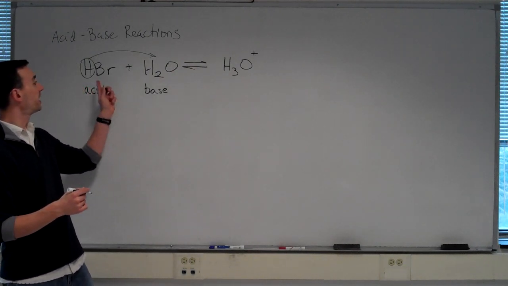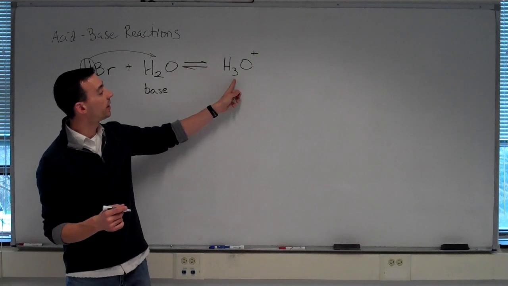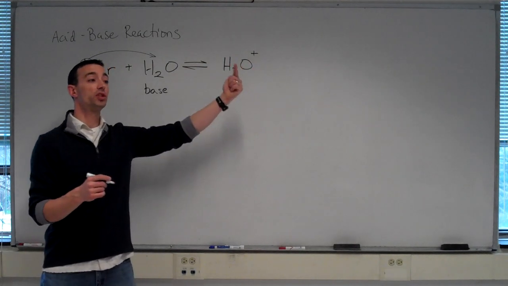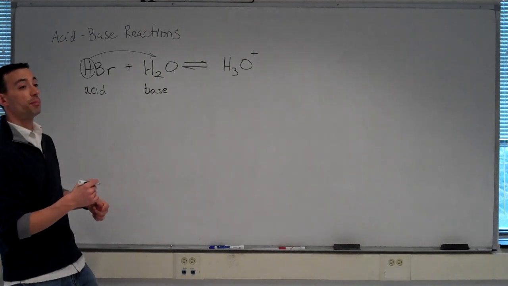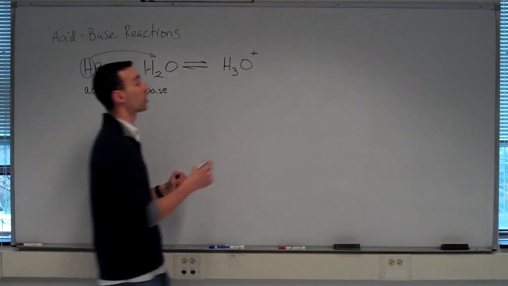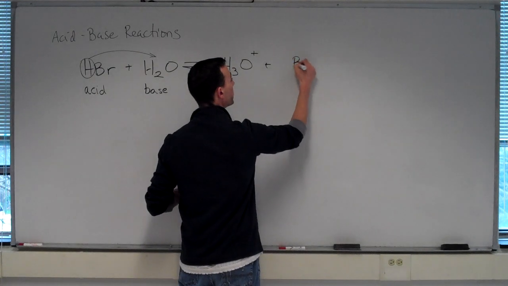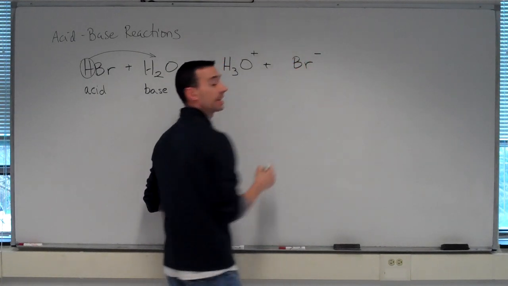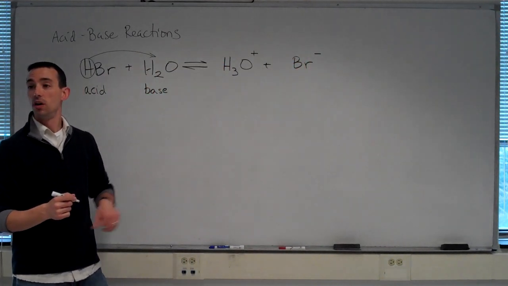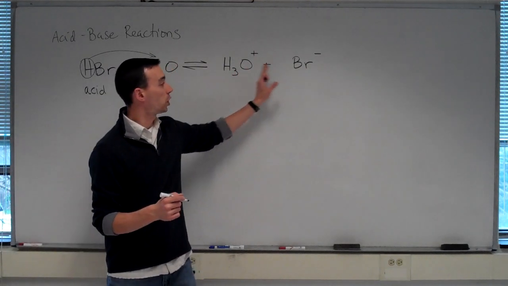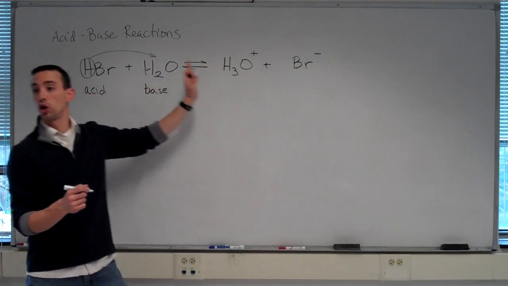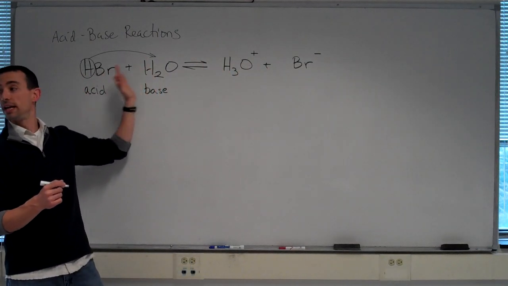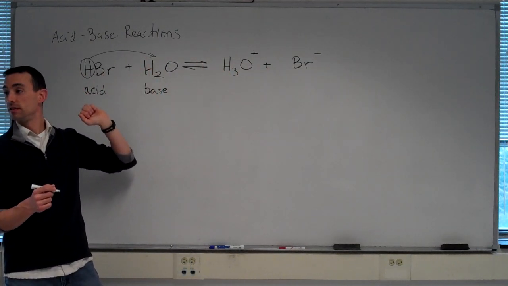So your recipe is always adding one more hydrogen and increasing the charge by 1 unit. Okay? What's left behind from the HBr then is just the Br, but it has to have a minus charge now, so that we have totally a neutral situation on the right side, no net charge, just like we had no net charge on this side here.